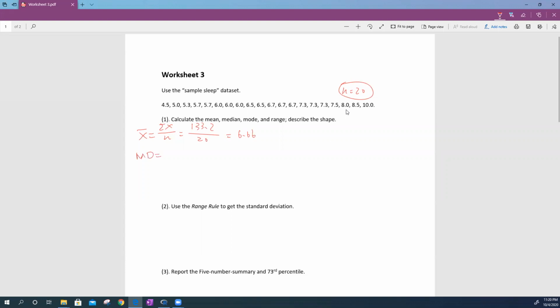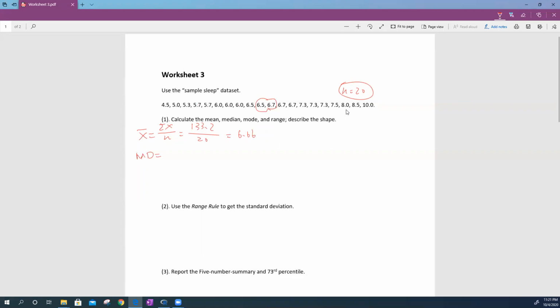So the median is, since we have an even count for the data set, the median will be the two values right in the middle. So we actually want to find the 10th and then 11th. So 1, 2, 3, 4, 5, 6, 7, 8, 9, 10. So these two values are located right in the middle.